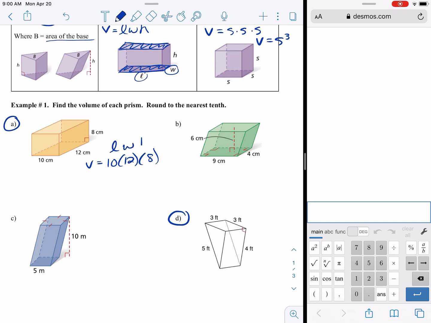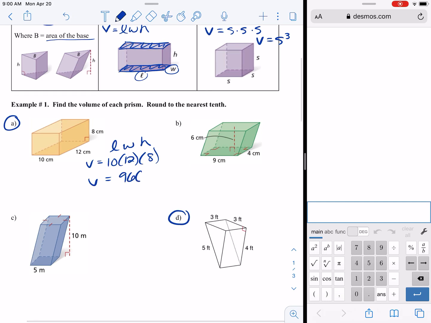Length times width times height. And then just multiply them all together, we get 960. And remember, this is the number of cubic units that you can fit inside of this object. So it needs to be centimeters, not squared anymore like area, but centimeters cubed. Right?